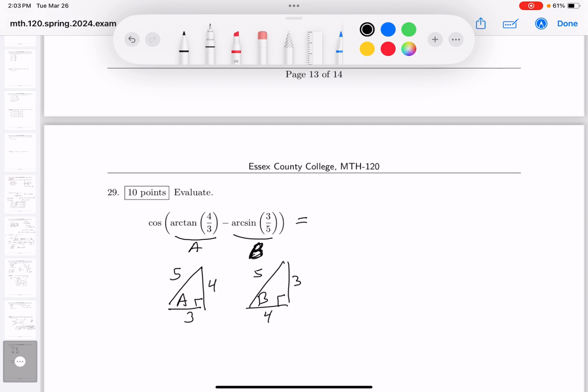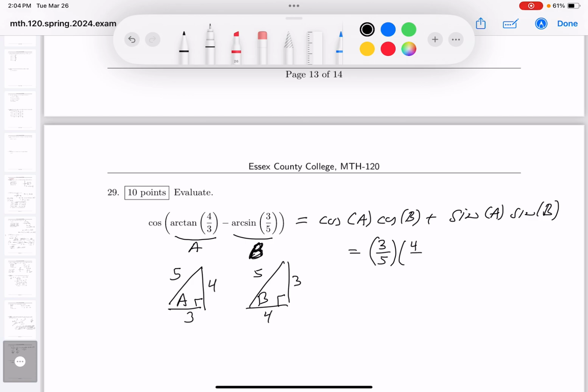Let's write this down. It's going to be the cosine of A, cosine of B, plus the sine of A, the sine of B. Now, do I know the cosine of A? I do. I'm looking at it. It's 3/5. Do I know the cosine of B?